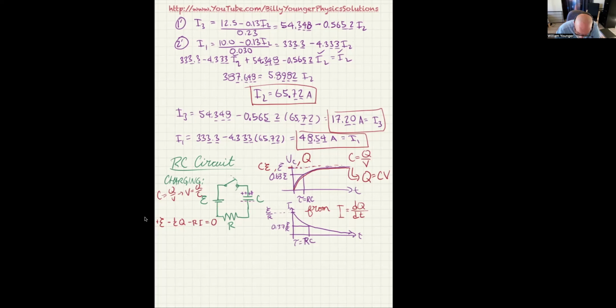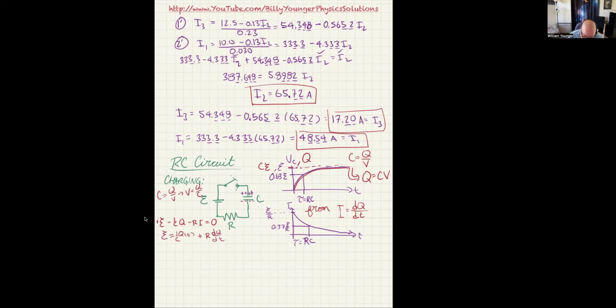But now I'm going to plug in the fact that I is equal to dq/dt, and show you the differential equation by solving it for E. E equals Q of t times 1 over C plus R times dq/dt.